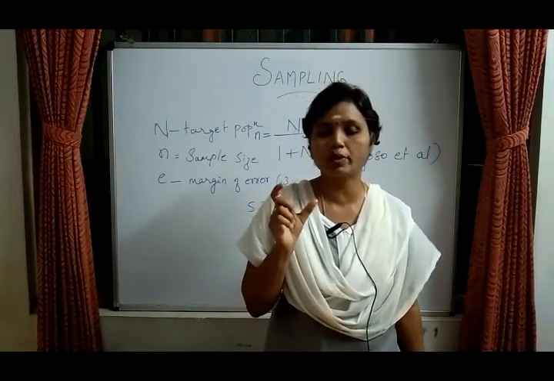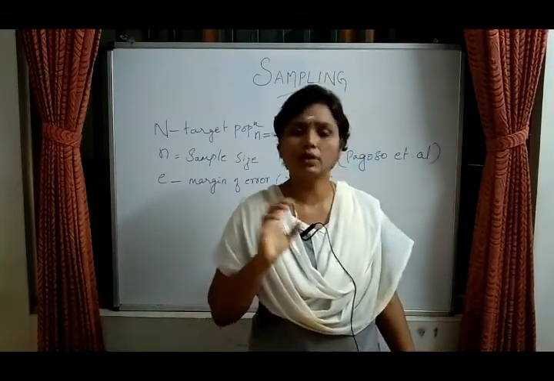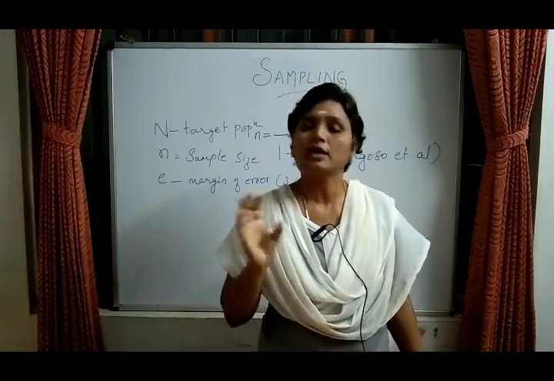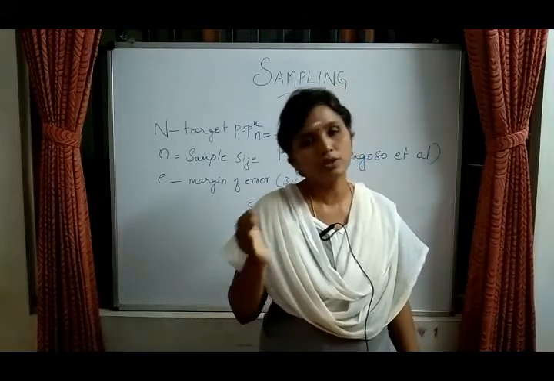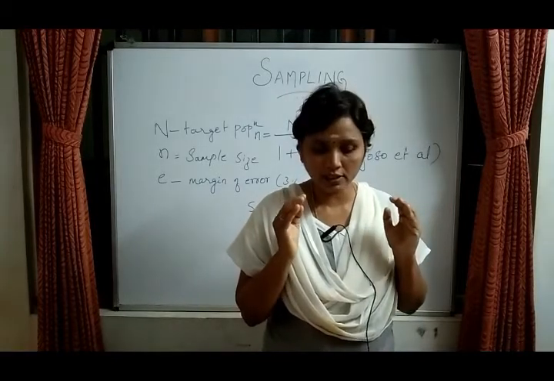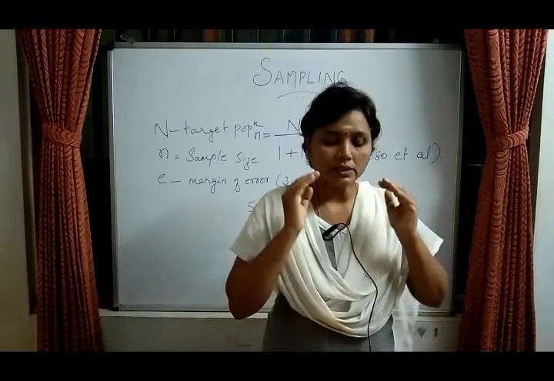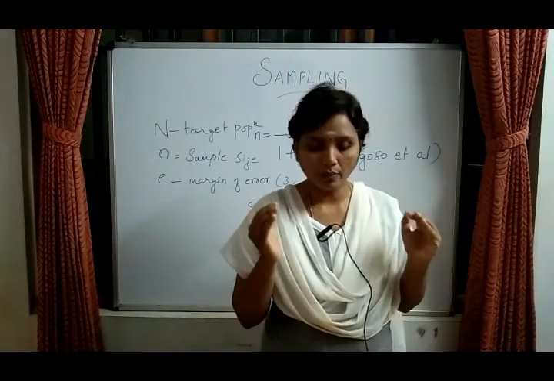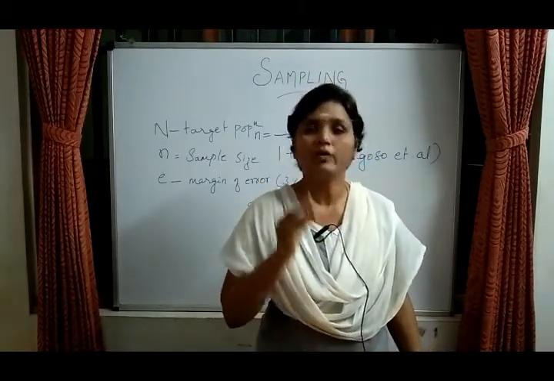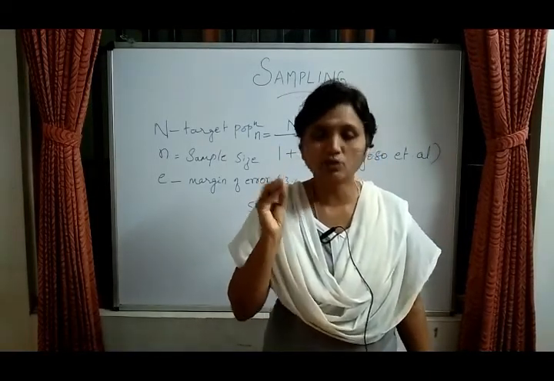When we are carrying out UG projects, we can take a minimum sample of 30 to 50 and see the effectiveness. The minimum size should be 30% of the total population.